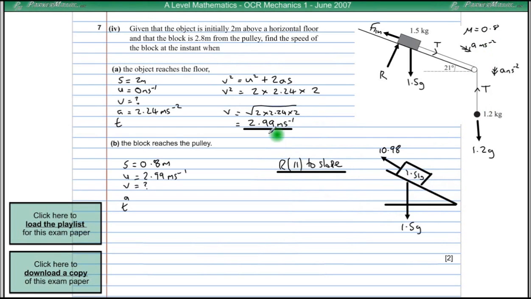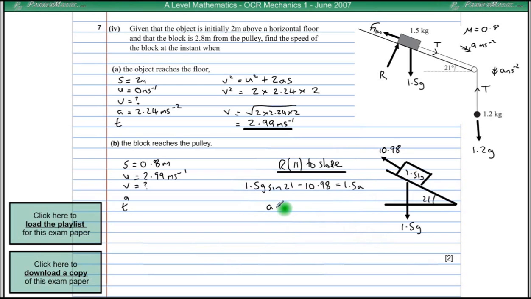So we've got 1.5 g sine 21 minus the limiting friction is going to be equal to mass times acceleration, so 1.5 a.